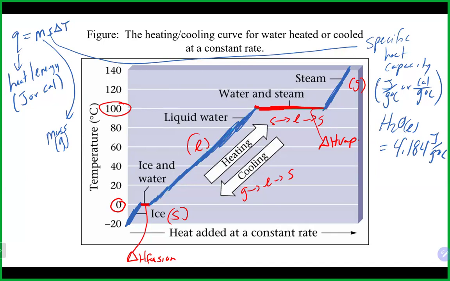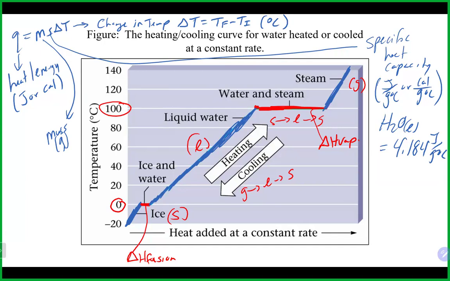And our delta T here is the change in temperature. As we talked about when we did it, it is always really important to do the final minus the initial. And this is one of the few things in chemistry where we actually leave the temperature in degrees Celsius, because the specific heat capacity is typically given to us in degrees Celsius.